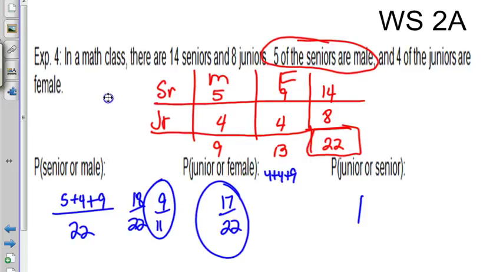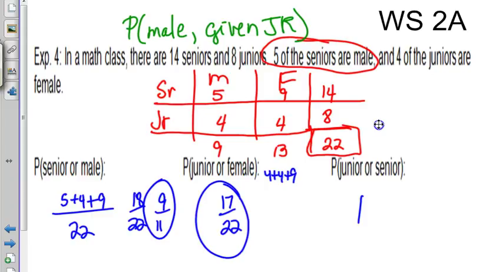The other thing they will ask, and I'm going to practice this while we're here, is a question like probability it's male given it's a junior. What does that mean? That's called conditional probability. That means you have to have a junior. So you're now only talking about this group. Male given a junior is 4 out of 8 or 1/2.